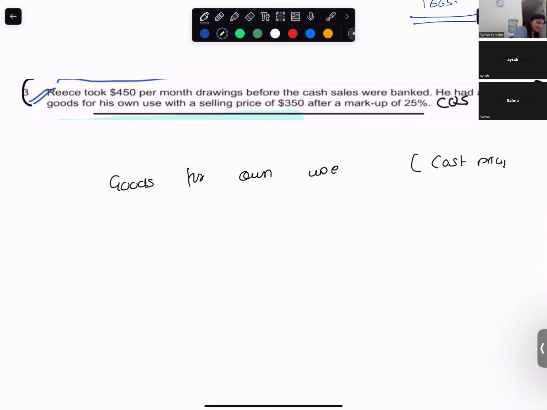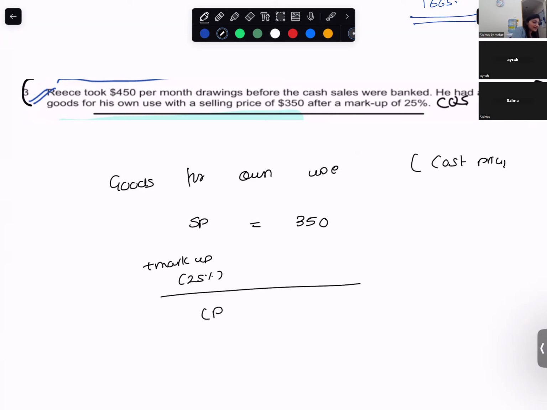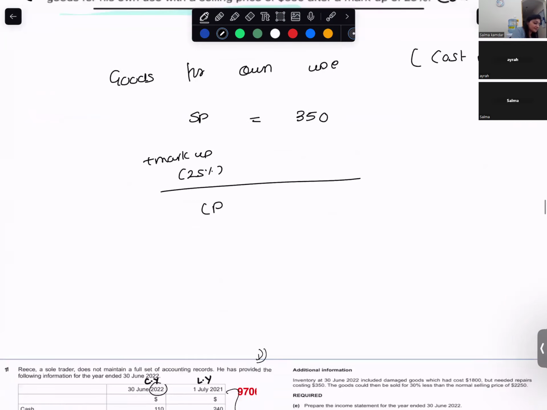Cost price. So goods for own use selling price is how much? It is 350. The markup was 25%. So you will get cost price. Are you with me? So if you deduct the markup from the selling price, you will get cost price.